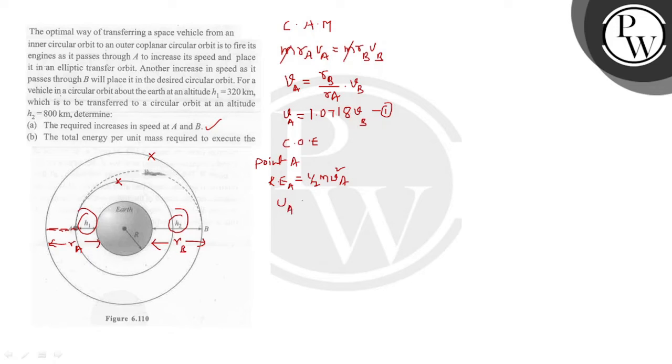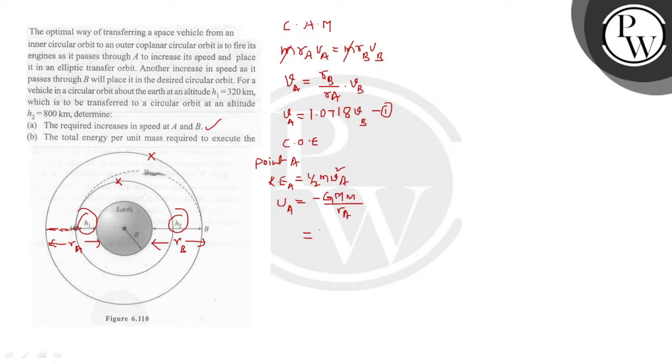Potential energy UA is equal to minus GMm by RA. I know the G value and the M value and the small m value, and RA we already have. So if I substitute the values, what am I going to get?